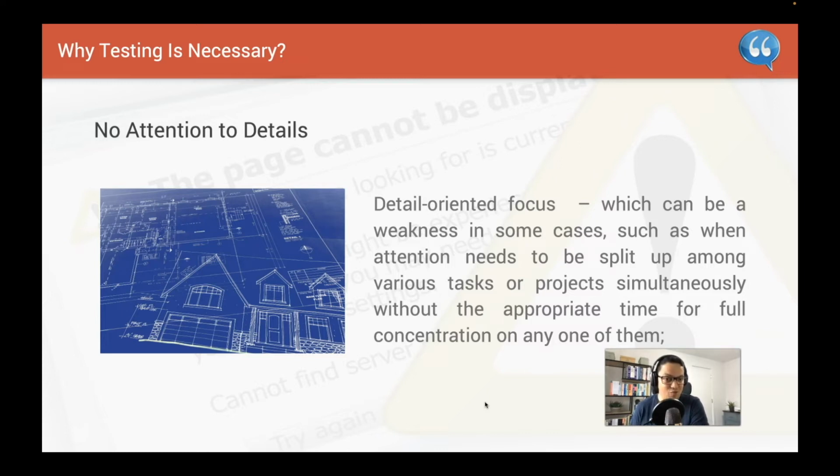Sometimes you find yourself working on multiple tasks and multiple projects, and then you won't have the appropriate time to concentrate and do it thoroughly and properly.